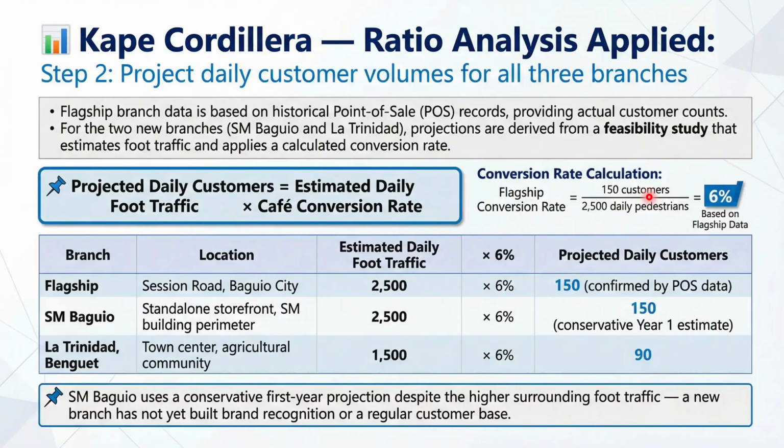So that's 6% cafe conversion rate. Ibig sabihin, from the 25 na dumaan doon sa kanyang coffee shop, napadaan doon, nakita yung kanilang coffee shop, 6% or 150 of the 2,500 entered the shop and bought coffee. Okay?